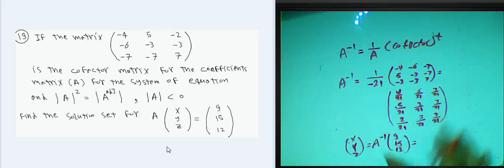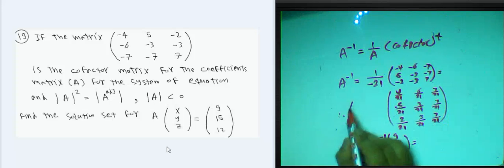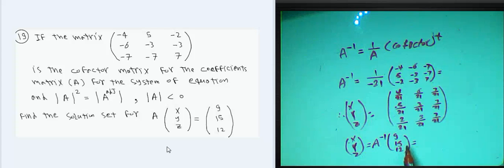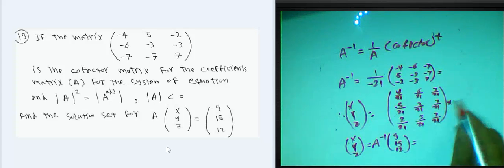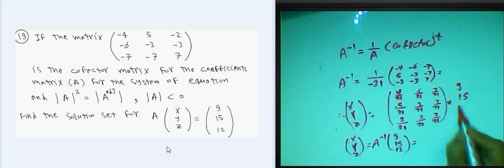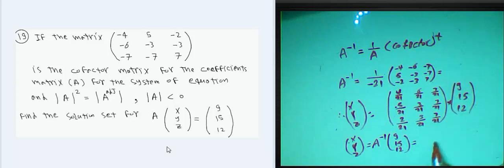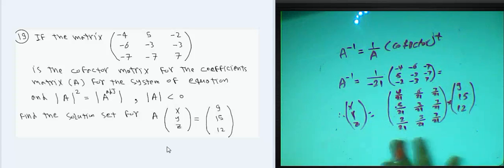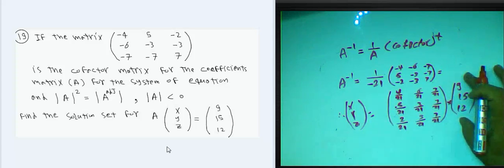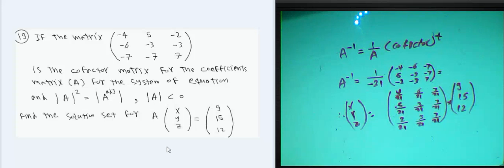Then x and y and z will be this matrix multiplied by 9 and 15 and 12. Okay, to find the result, multiply this row by this vertical and add them, you can get the solution set.